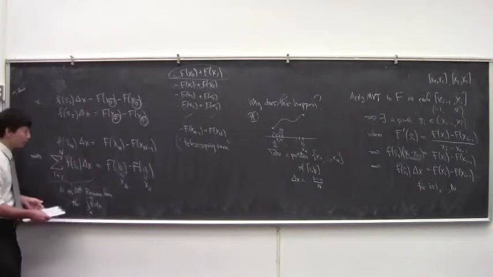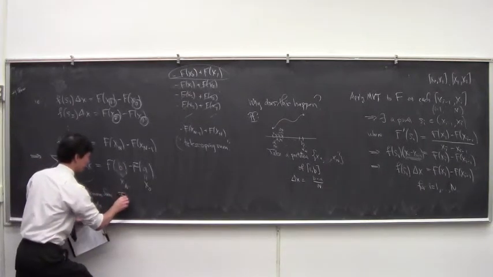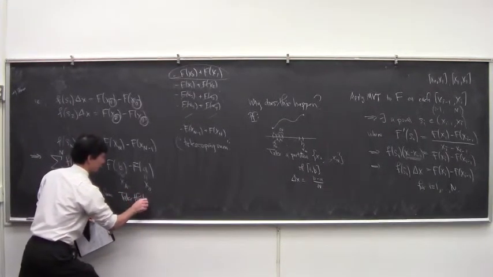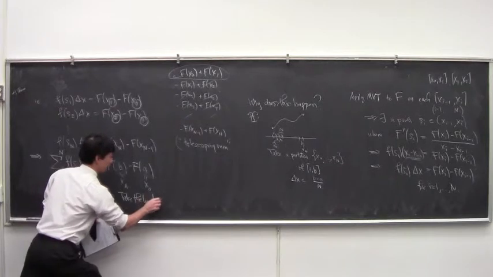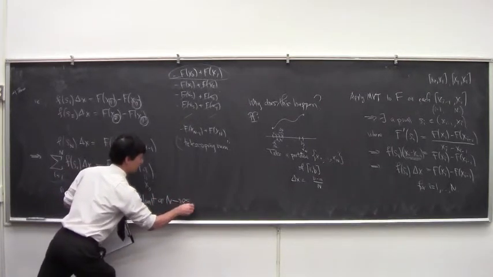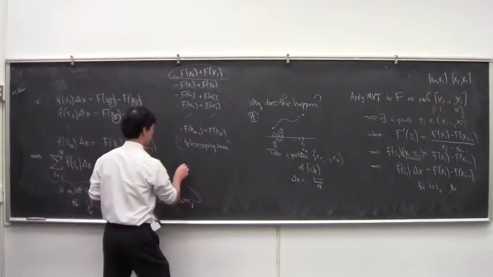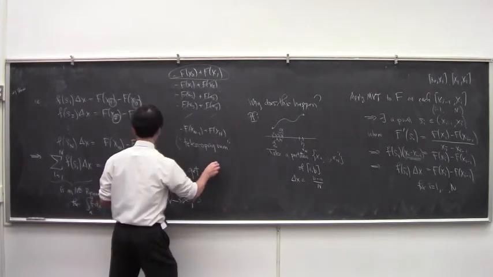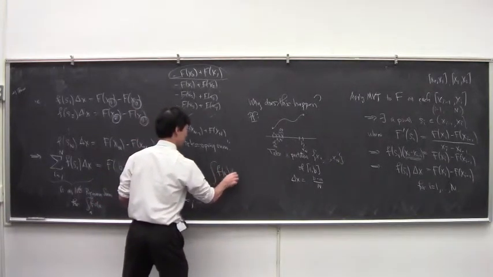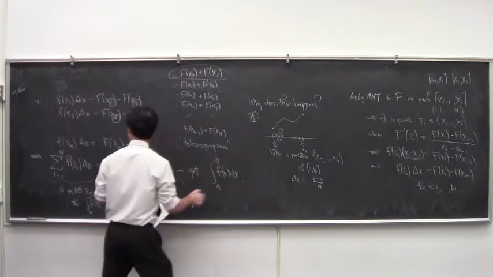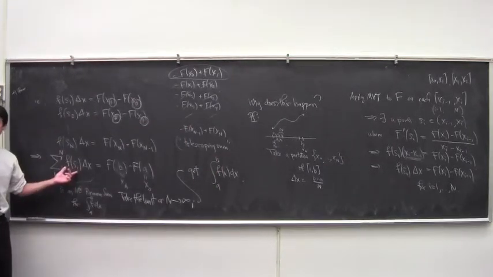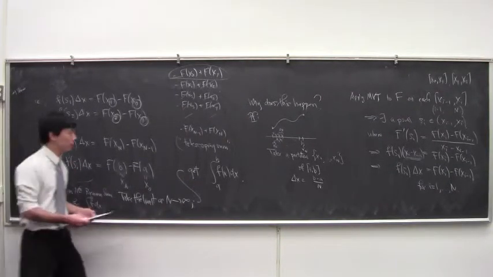So I take the limit as n goes to infinity, and on the left-hand side you're going to get the integral. Your function is integrable, so this limit of Riemann sums is going to turn into the definite integral.